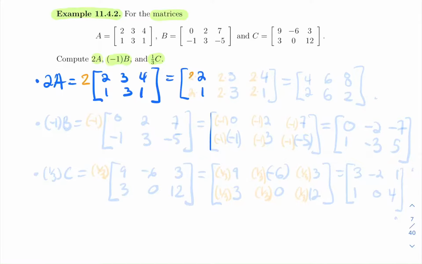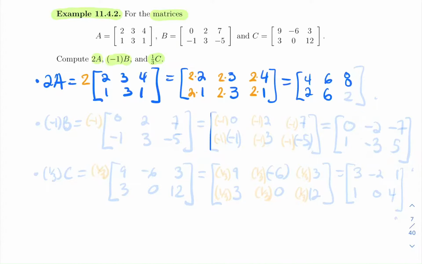Then, if I'm just rewriting my matrix here quick, 3, 3, 4, 1. So you're multiplying by 2 everywhere. So what you're going to get at the end is the matrix 4, 2, 6, 6, 8, and 1.